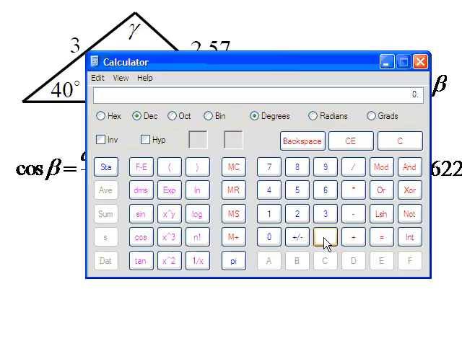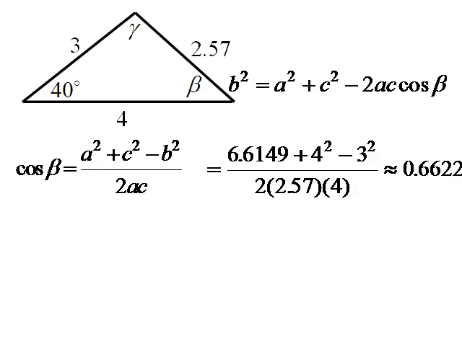So let's do that, 0.6622 and do inverse. It's set in degrees, so inverse cosine of that, and 48.5 something, 48.53 degrees. So there's beta.